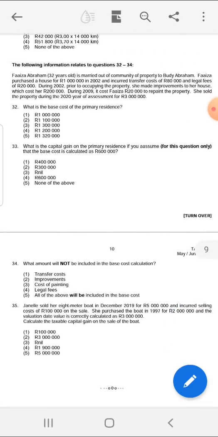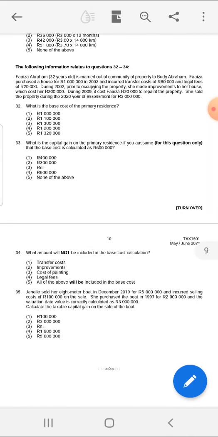And then moving on to questions 32 to 35. So Faiza Abraham is 32 years old and is married out of community of property to Budi Abraham.